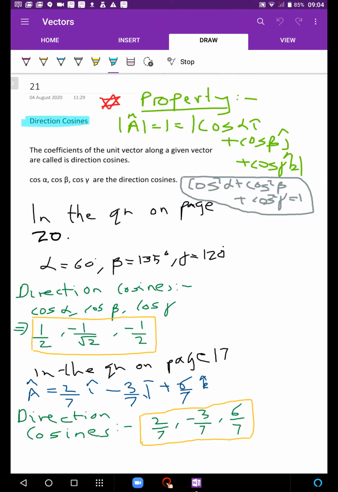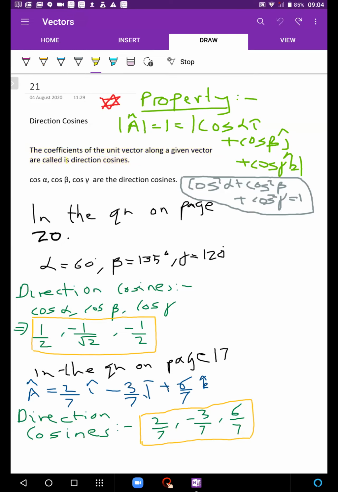The name is direction cosines. Cosines मतलब cos. Okay. And basically they're called direction cosines because they appear in that unit vector which shows the direction. So the coefficients of the unit vector along a given vector are called its direction cosines.